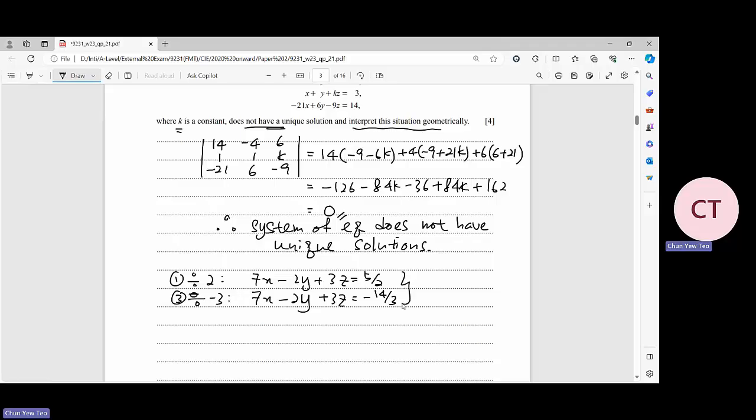So you can see that these two planes are parallel, but not identical.